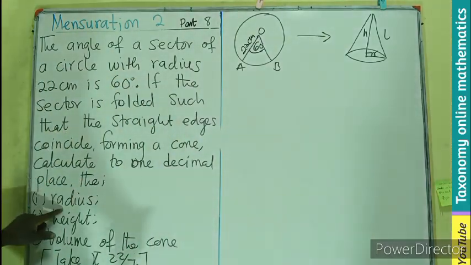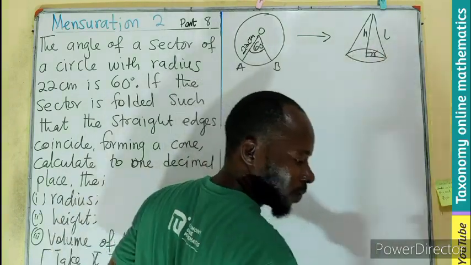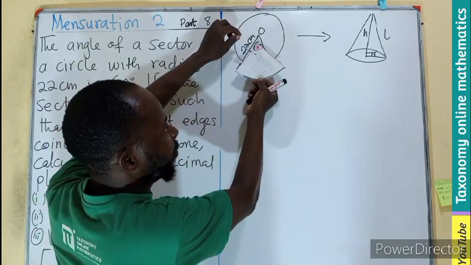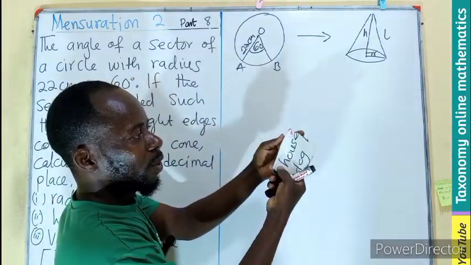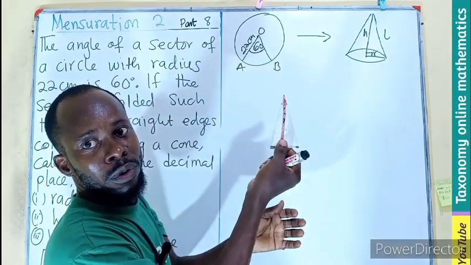Now, what are we looking for? We are looking for the radius of the cone, this very cone. If you take this cone, which is cut from this sector, and you fold it with the straight edges coming together, it gives you a cone, right?